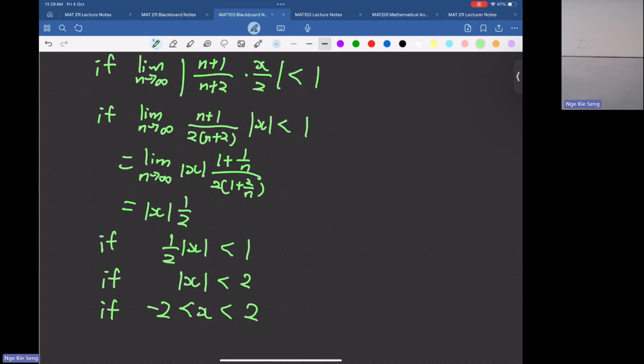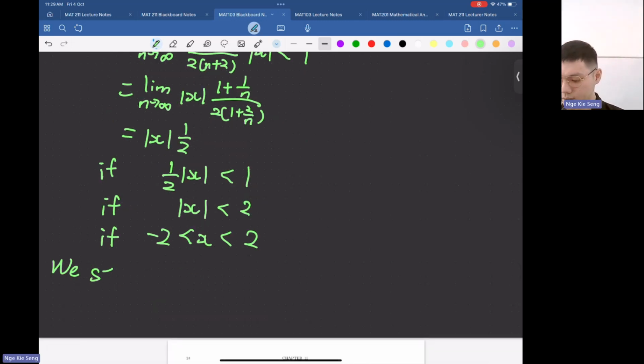So these two points you need to check separately, because the ratio test doesn't tell you at this point. Inconclusive means maybe converge, maybe diverge. So you have to really confirm whether it diverges or converges. Okay, so now we will check.